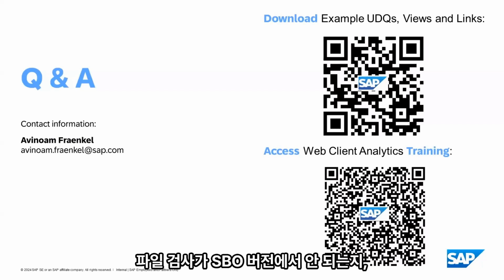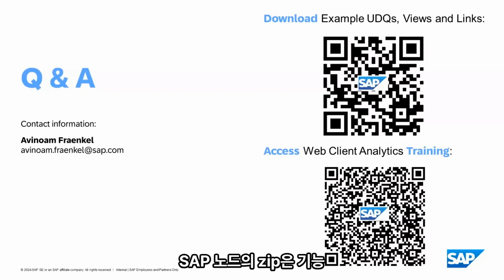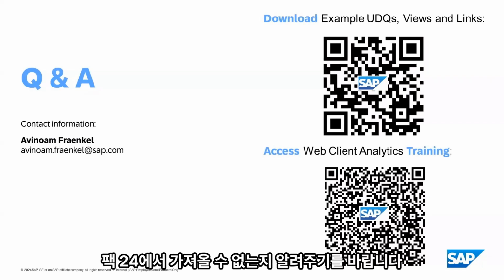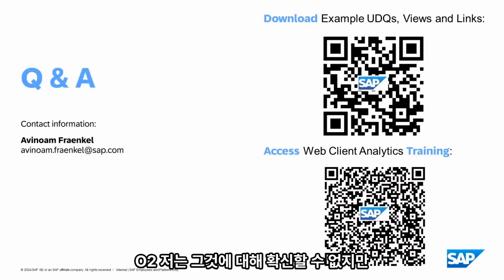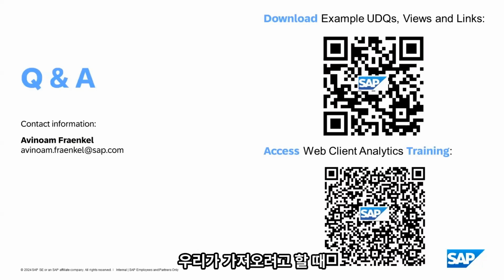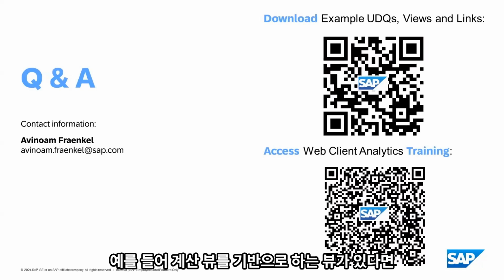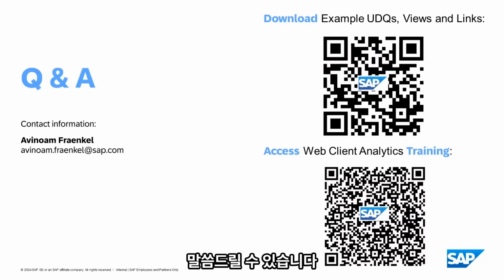Okay. Why can't the link export import file check for SPO version? The zip in the SAP Note cannot be imported in Feature Pack 2402. I'm not sure about that, but I can tell you that when we try to import, and this particularly applies to going from SAP HANA to Microsoft SQL, if we have anything that is specifically SAP HANA related, for example, a view that's based on a calculation view, we cannot import that file into Microsoft SQL.